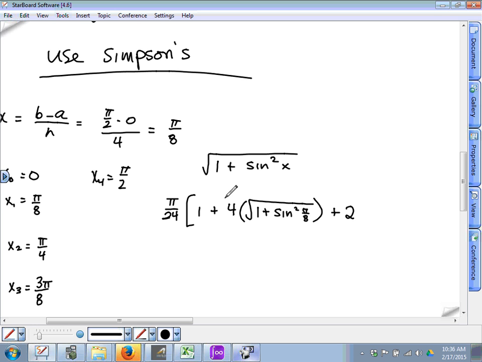x2 is pi/4. What's the sine of pi/4? You guys know this. Square root of 2 over 2. Now square that. The square root of 2 over 2 squared is 2 over 4, which is 1/2.